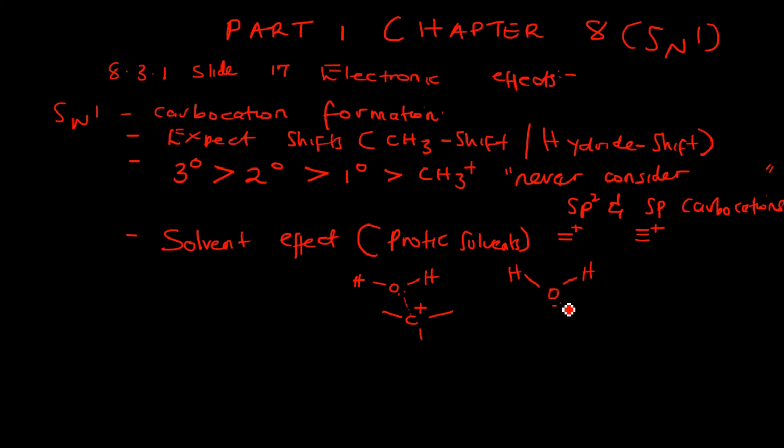So if the leaving group is like bromine, after it leaves, you get it bound to the hydrogen. So those are the two reasons you want protic solvents for SN1. Remember, protic solvent is the solvent that has hydrogen bonded to oxygen, nitrogen, or fluorine.